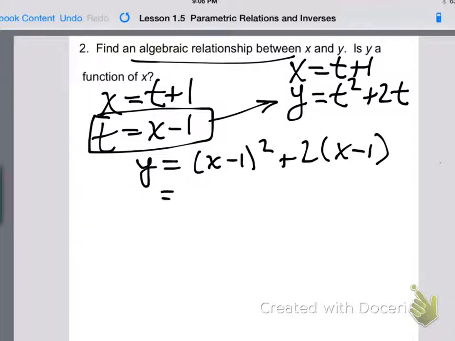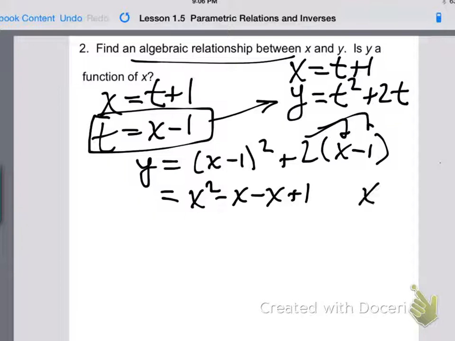This is going to give me x squared minus x plus 1. I distributed this by FOILing, so you can expand this and then FOIL, and that's what you get here.